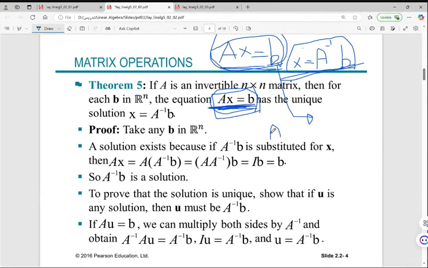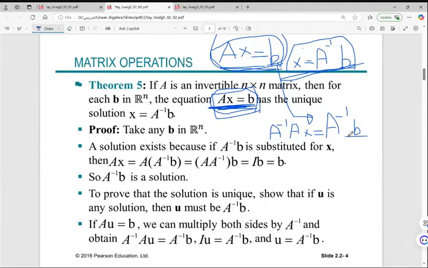So we will have A minus 1 A X, and the identity is removed, equal to A minus 1 B.